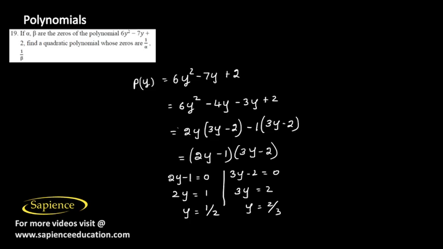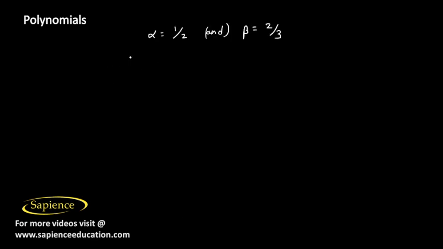Now we need to build a polynomial with zeros 1 by alpha and 1 by beta. So 1 by alpha is equal to, reciprocal of this will be 2, and 1 by beta, that is the reciprocal of 2 by 3, is 3 by 2.